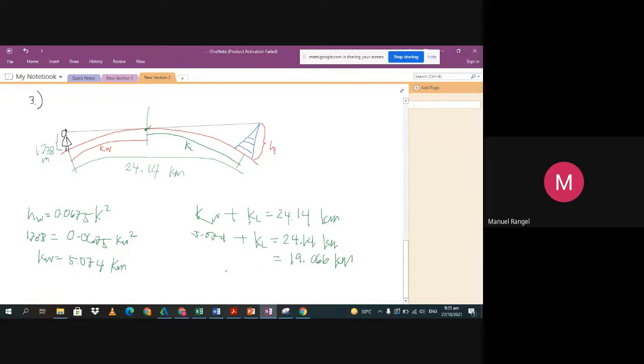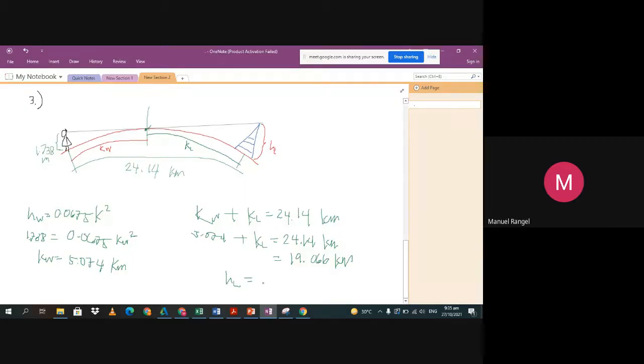Okay. So from there, using this formula, we can compute for the height of the lighthouse, no? So HL is equal to 0.0675 times K of 19.066 squared.